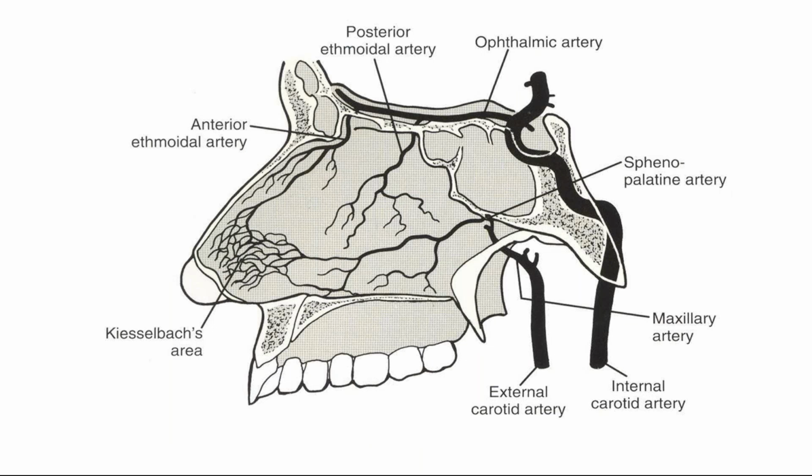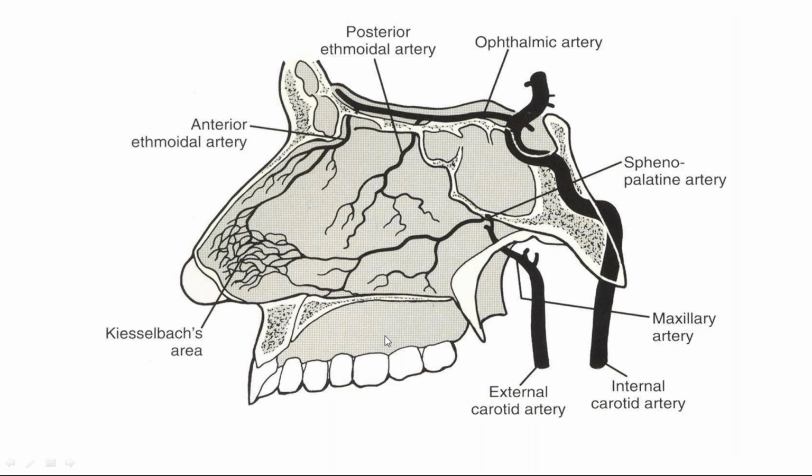Now, these are the arterial supplies. You can see the main artery comes from the sphenopalatine artery. Then you have the anterior and posterior ethmoidal arteries. Then you have the Kiesselbach plexus, where you can see it beautifully. From here, you have the greater palatine artery coming along the floor, and then the septal branch of the superior labial artery coming from here.